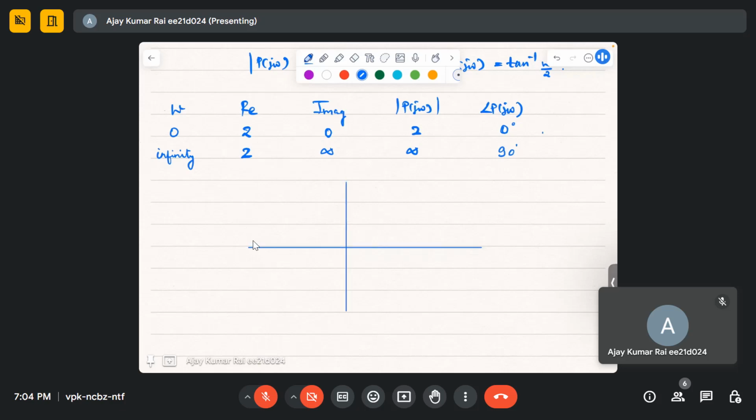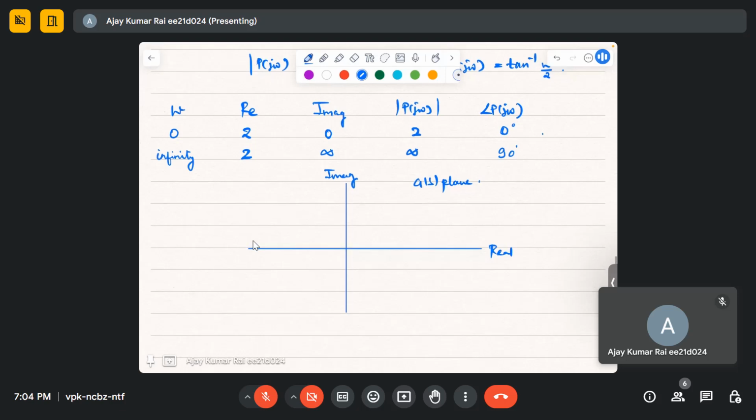So this is the G of s plane. First, at omega equal to 0, this is 2. The imaginary part is equal to 0, the real part is 2, and the angle is equal to 0.